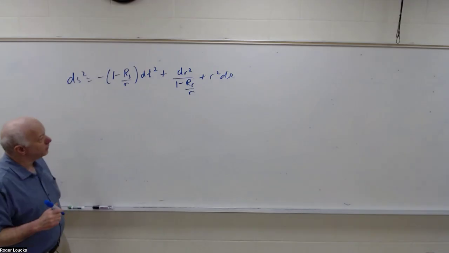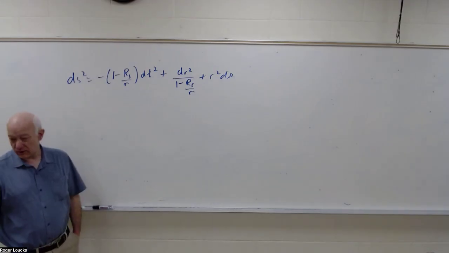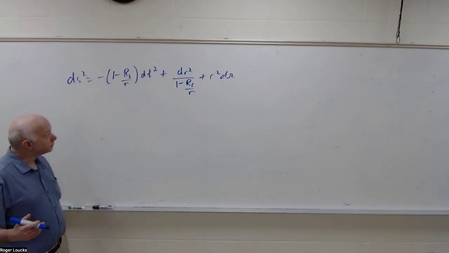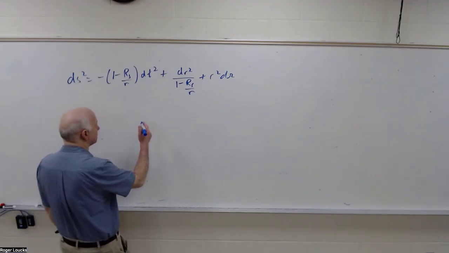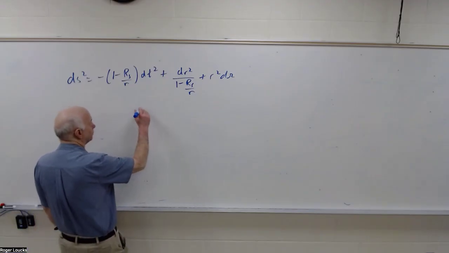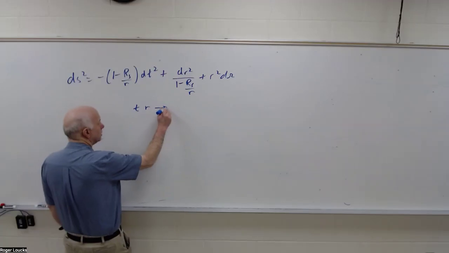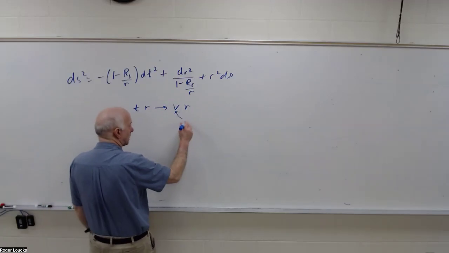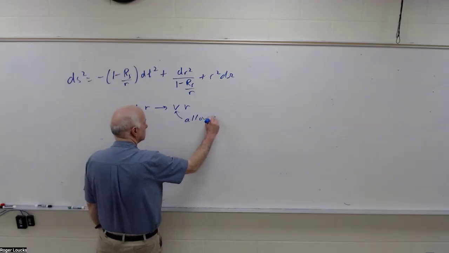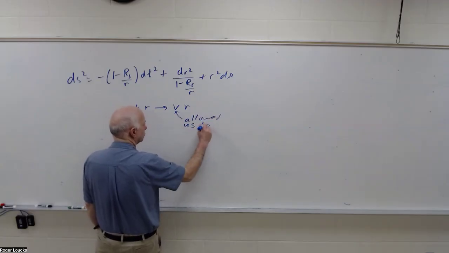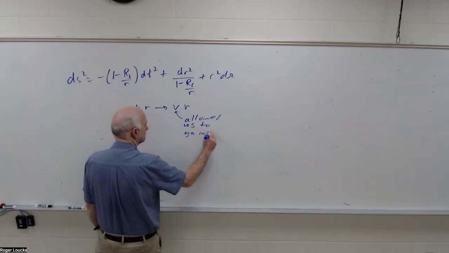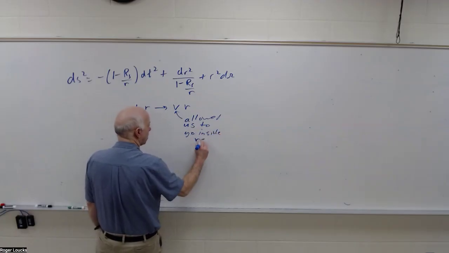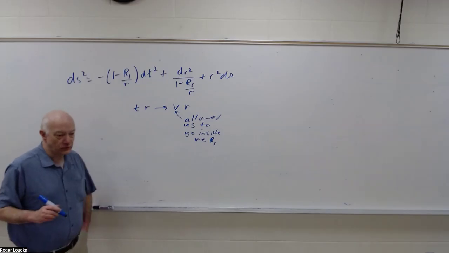And the problem with these coordinates here is that we cannot see inside the black hole that easily. And so we realized that if we switch from t and r to v and r, this allowed us to go inside r less than r_s, so we're inside the event horizon.